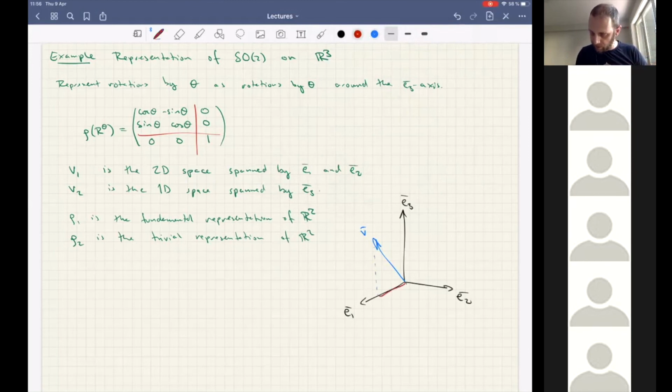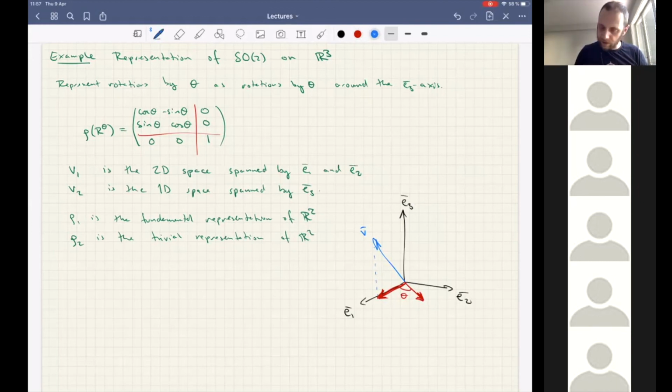So this is going to be this vector. And in that plane, I'm representing my rotations by rotation in that plane. So this is going to rotate to some new vector by an angle theta. Whereas in the third direction, the component in V2, well, that's what is orthogonal to the E1, E2 plane.